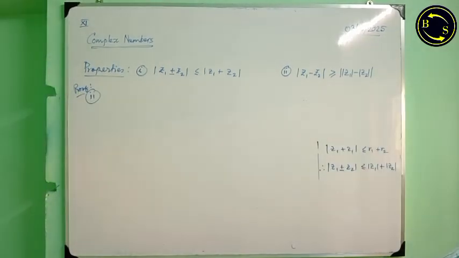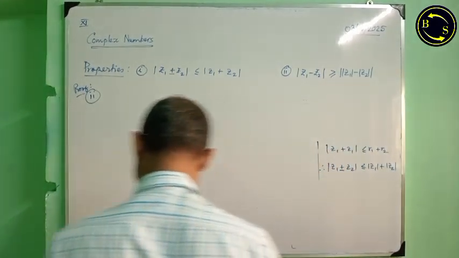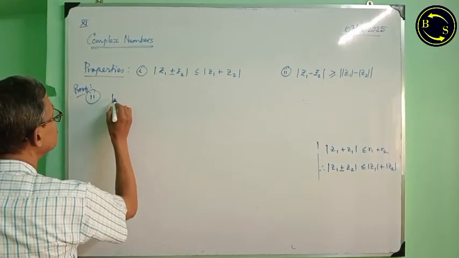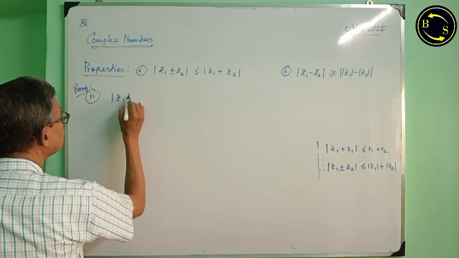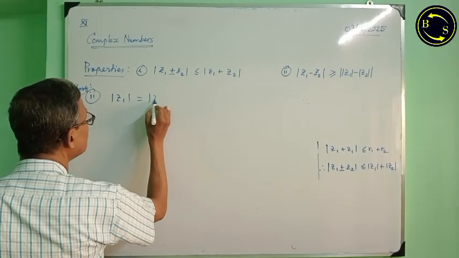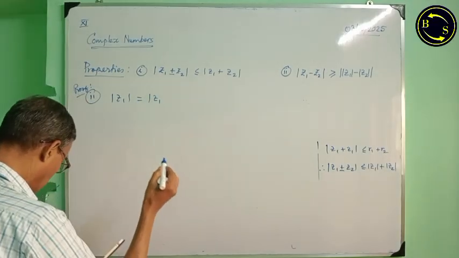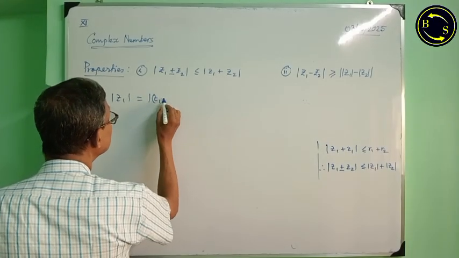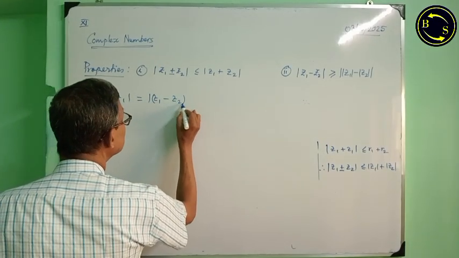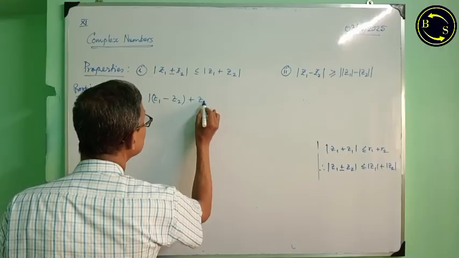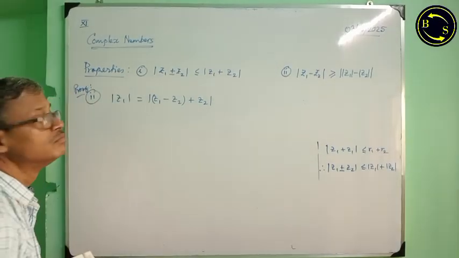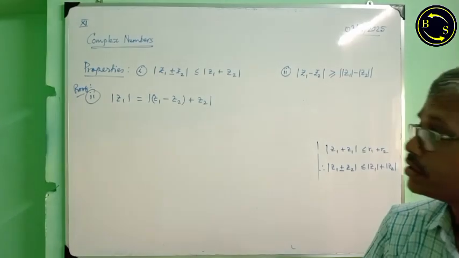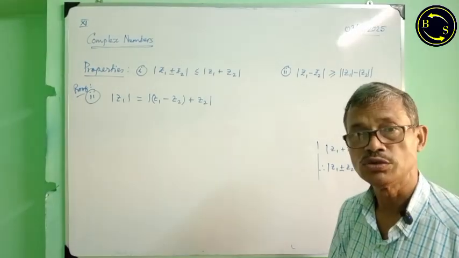For the second one, mod of z1 can be written as, within the modulus symbol, the sum of z1 minus z2 plus z2.